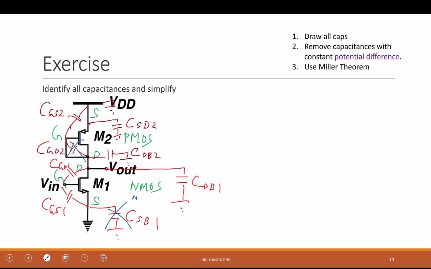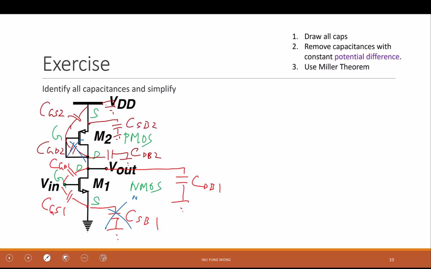What can I combine? I will combine those that have the same terminals, right? Do you see that this one is connected to this node and to ground, and this is connected to this node and to ground? They are just parallel to each other. So I can combine them as CDB1 plus CDB2, right? How about this one? This is grounded at the source, right? So I cannot combine.